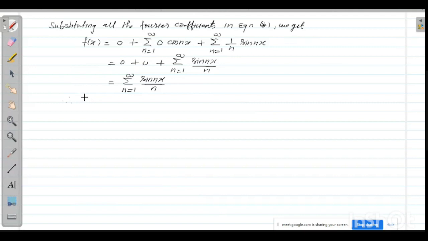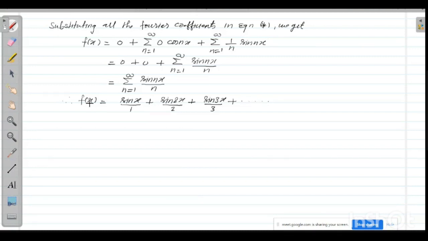Okay, so this is the required Fourier expression of the given function. Therefore f of x can be written as, if we run this series, instead of n we put 1, so this becomes sine x by 1 plus sine 2x by 2 plus sine 3x by 3 and so on.